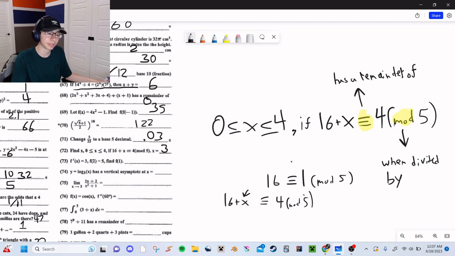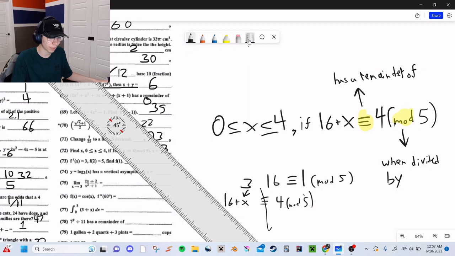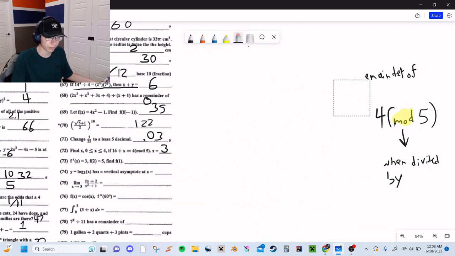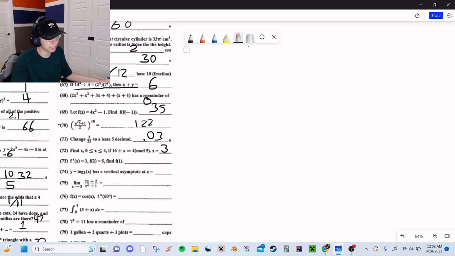So 16's already 1 mod 5. Already has a remainder of 1 when divided by 5. So for 16 plus x to have a remainder of 4 when divided by 5, x would have to be 3. 3 more. So 1 plus 3 is 4. Okay.